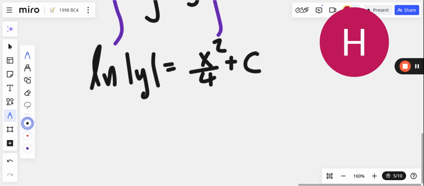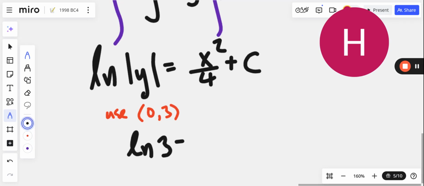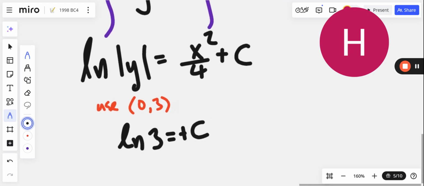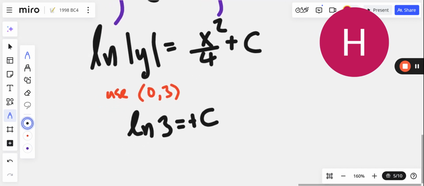Let's go ahead and do that. Well, if we plug in 0, 3, that's ln of 3 equals 0 squared is 0 over 4 plus c. So that means c is equal to ln of 3.